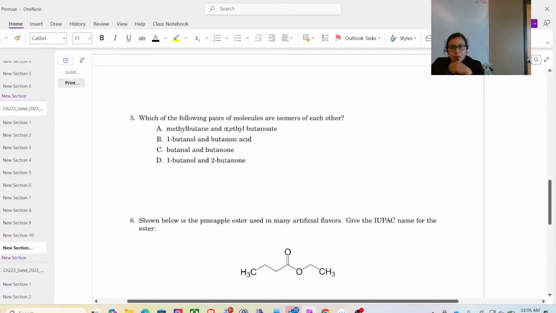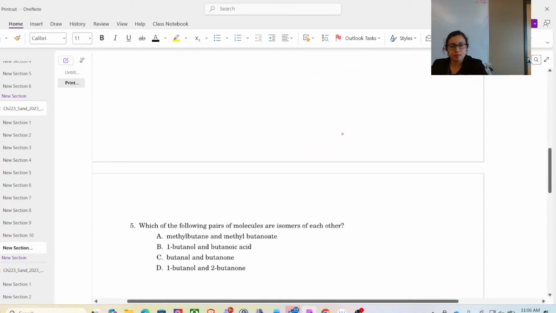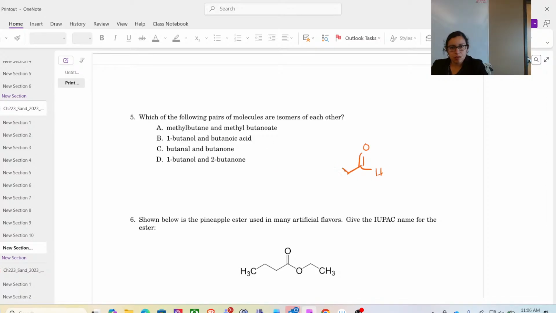Which of the following pairs of molecules are isomers of each other? Good. So butanol is the aldehyde, right? Let me try this again. So 1, 2, 3, 4. 1, 2, 3, 4.